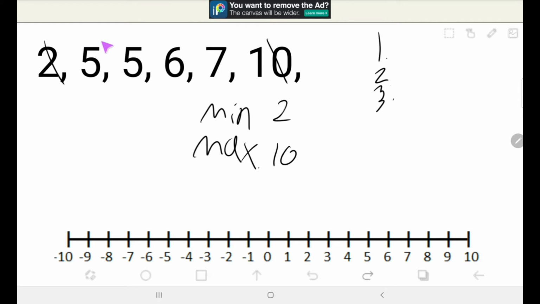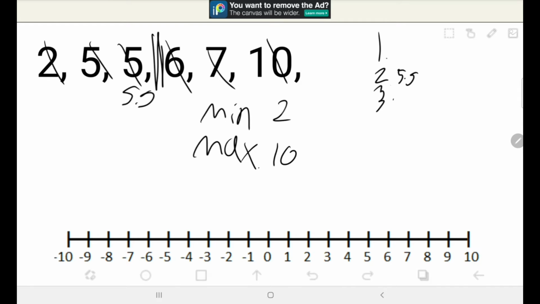If we cross off these numbers, we see that it's right in the middle, between these two numbers, so our median is 5.5. If there had been an actual number there, say 5.2, it would have been 5.2, but since it's not there, we're not going to write 5.2.